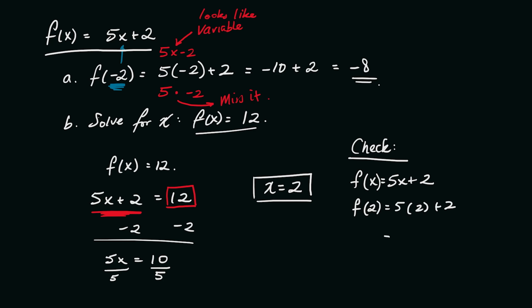And 5 times 2 equals 10. So 10 plus 2 is just equal to 12. And 12 is our output. That's our y value. So now we look back onto the original equation, where it says b, and it says f of x equals 12. So we definitely know that x is equal to 2 here, and it makes total sense. So that is how we would solve this.